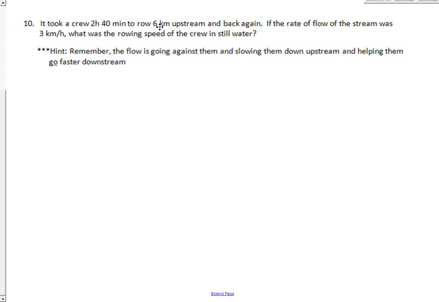Okay, so I'm going to read this as saying 6 kilometers going upstream and then 6 kilometers coming back. And 2 hours and 40 minutes.